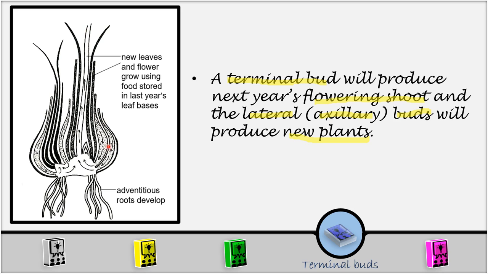They will take the nutrients from last year's leaves and use them. When the nutrients are removed, these ones will dry and become scale leaves to cover the outer part of the bulb. And the food will be transferred to the new developing leaves which are inside.